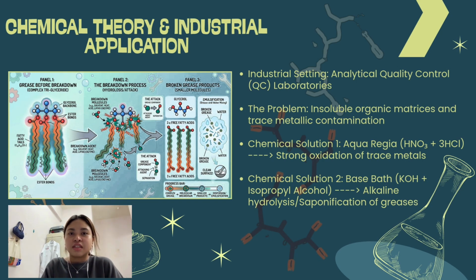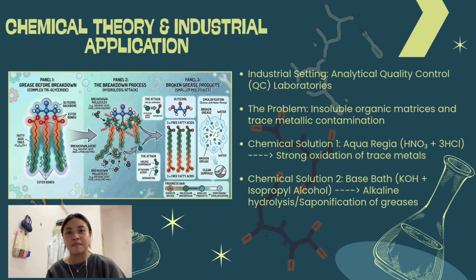The strong hydroxide ions attack the ester bonds within the organic greases, converting insoluble fats into water-soluble soaps and glycerol. This allows the contaminants to detach effortlessly from the silica walls of our glassware. By understanding these specific chemical pathways, industrial analysts can selectively target contaminants without degrading the underlying volumetric glass instruments.